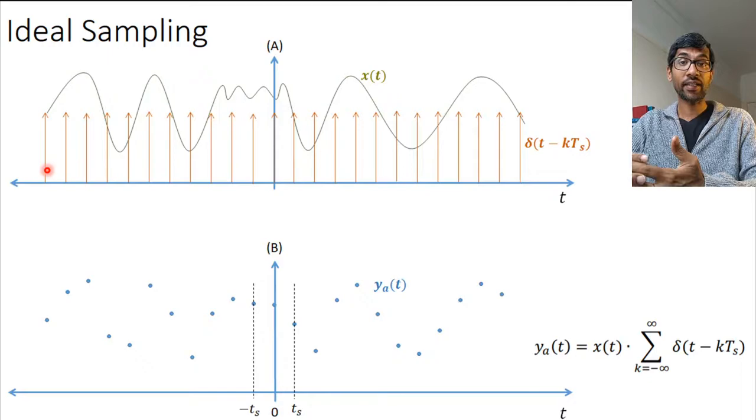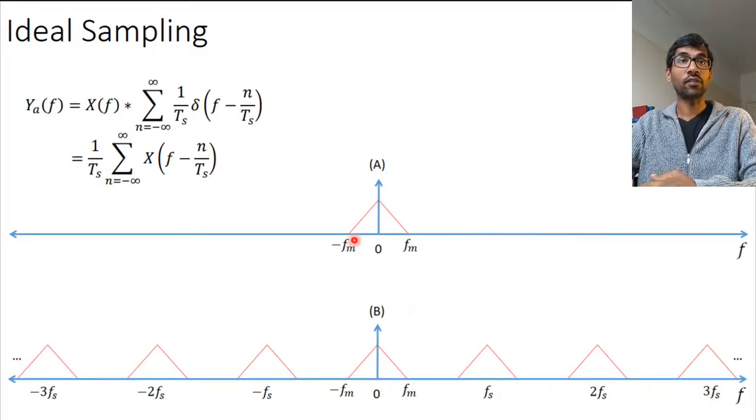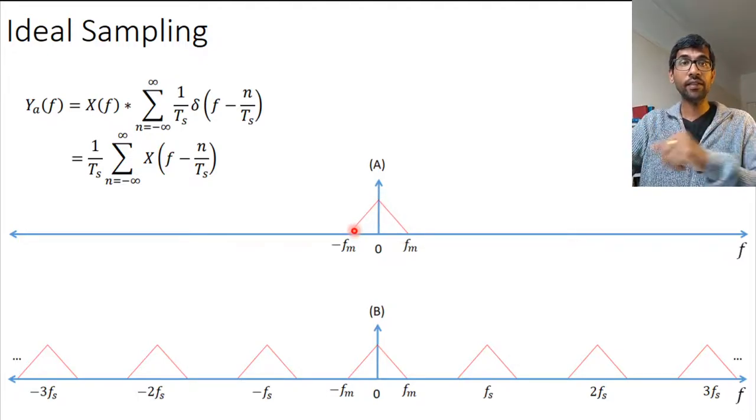Now we have looked at this before, but if you look at this entire process, this process of converting from the analog signal x(t) to the sampled signal y_a(t), in the frequency domain, you get something like this, right? So if your spectrum in the analog domain looked like this, it was band limited.